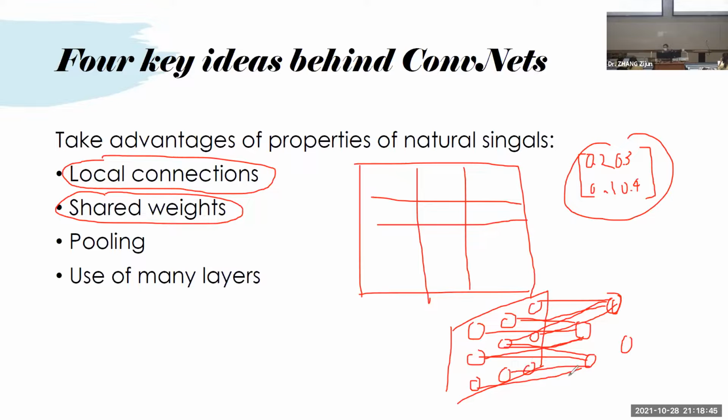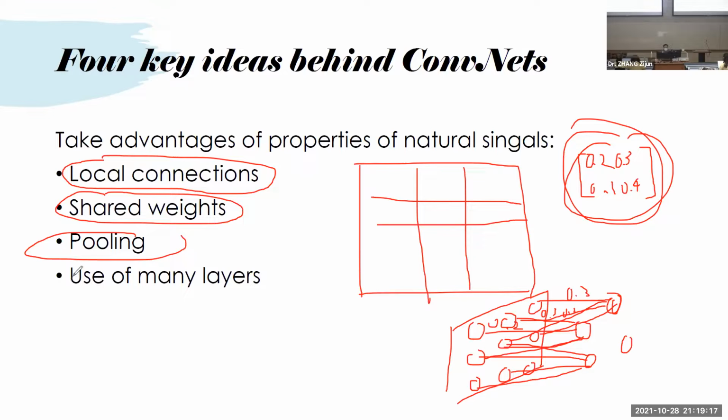It is not fully connected. So this one never connects to this node, and this one never connects to that node. So it's a local connection, but the weights are shared: 0.2, 0.3, 0.2, 0.3, and 0.1, 0.4. So what you want to optimize is just the weights of the kernel.